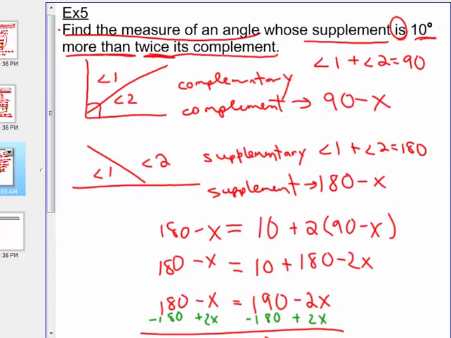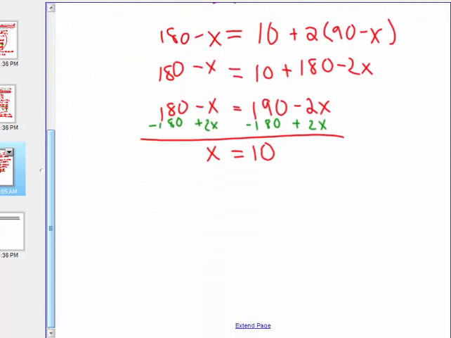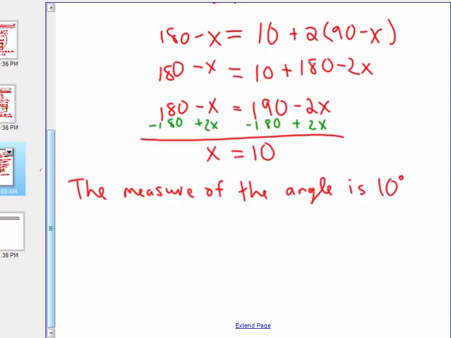Now, it's a key in this one: find the measure of the angle. It may ask you for the measure of the supplement of the angle, or of the complement, so you have to be careful on these problems. What is it asking you to find here? It's asking me to find the measure of the angle, so the measure of the angle is 10 degrees.